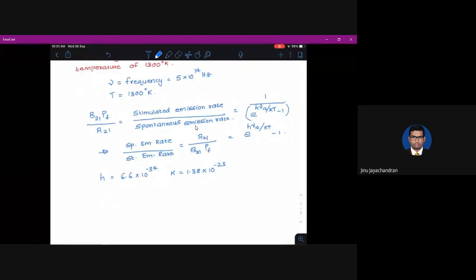Now you can do one approximation actually. This value is very high because it's an exponential value. You can always approximate this, since the 1 subtracted will be very, very small.